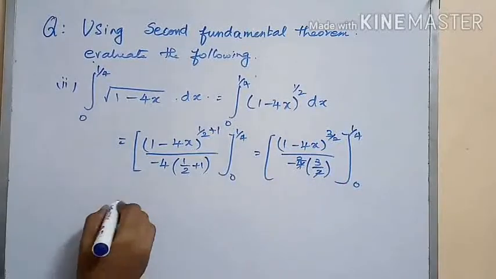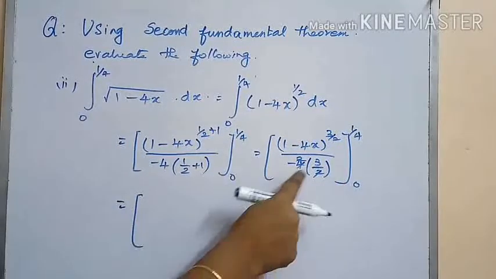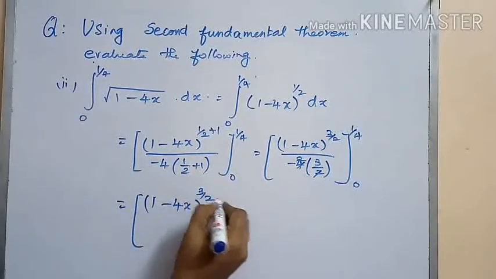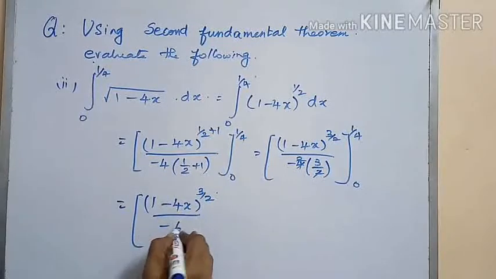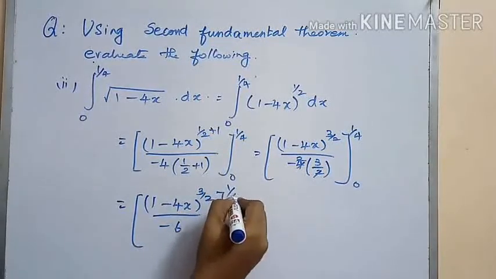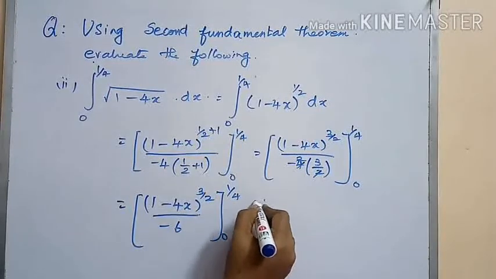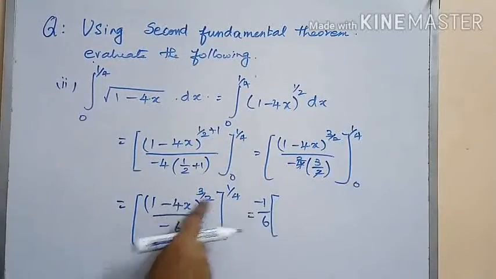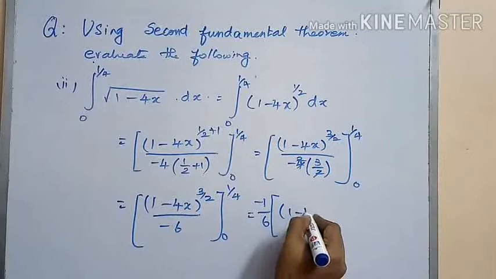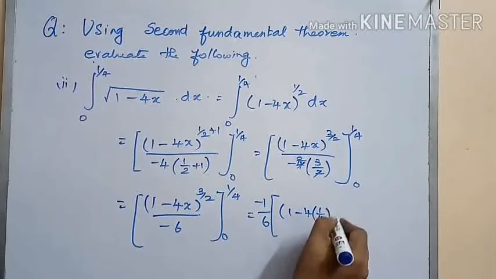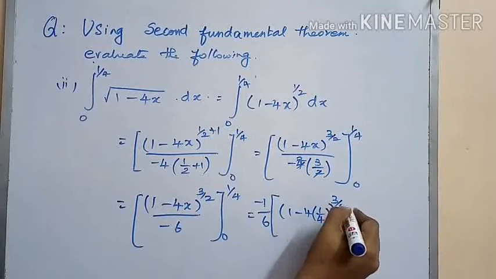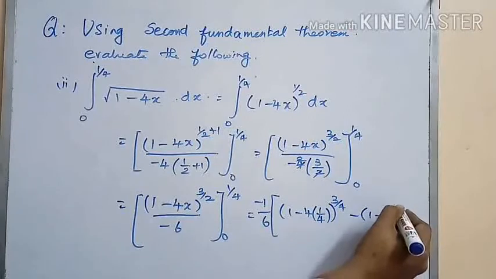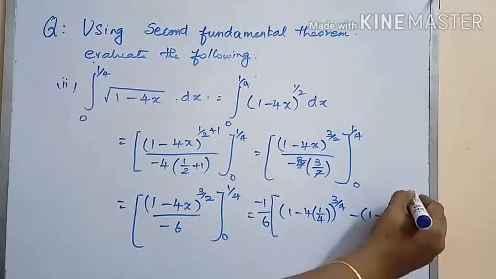Cancelling 4 and 2, we get 2. So we get 1 minus 4x whole to the power of 3 by 2 by minus 6 within the limit 0 to 1 by 4. Now let us substitute the limits. Bringing minus 1 by 6 out, we get 1 minus 4 into upper limit 1 by 4 whole to the power of 3 by 2 minus 1 minus 0 whole to the power of 3 by 2.